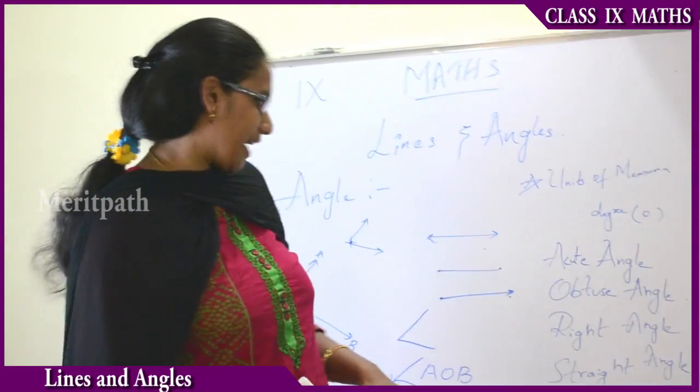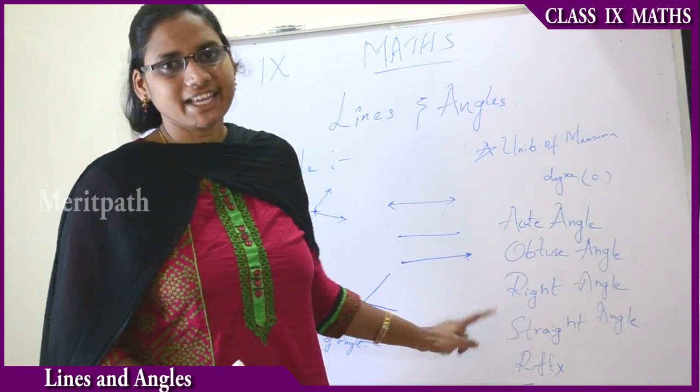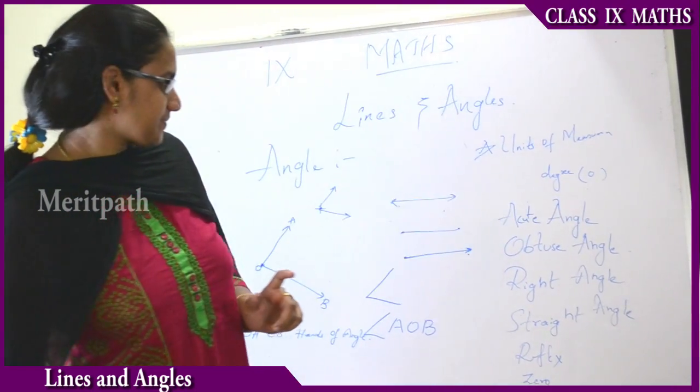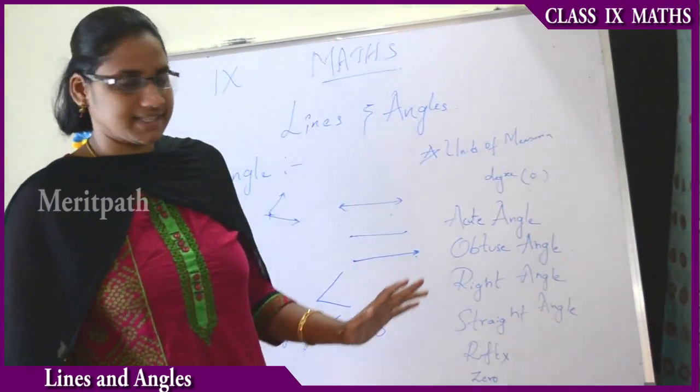They are acute angle, obtuse angle, right angle, straight angle, reflex angle and zero angle. These are all classified based on the measure of their angles.